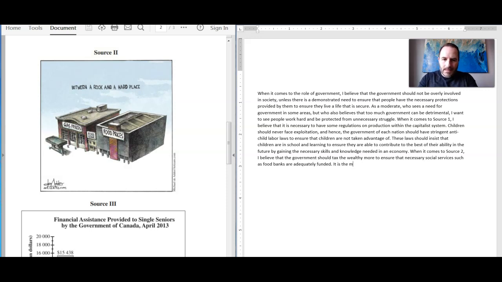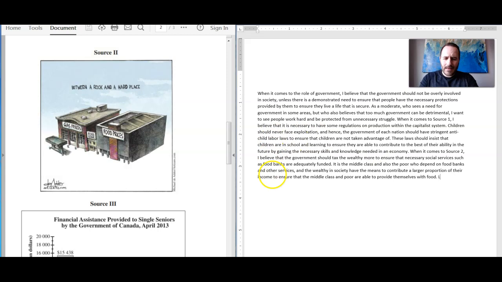It is the middle class and also the poor who depend on food banks and other services, and the wealthy in society have the means to contribute a larger proportion of their income to ensure that the middle class and poor are able to provide themselves with food. Something like that.